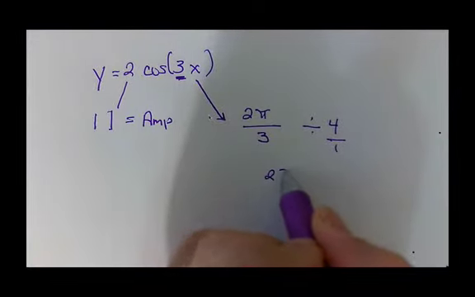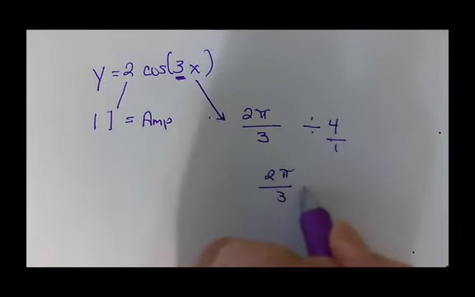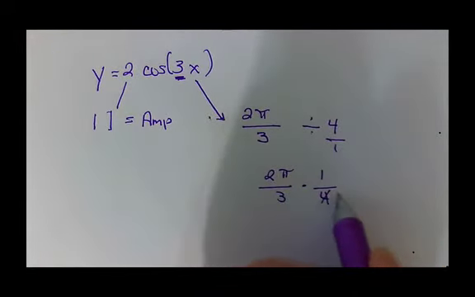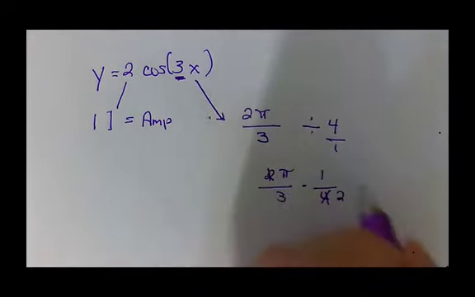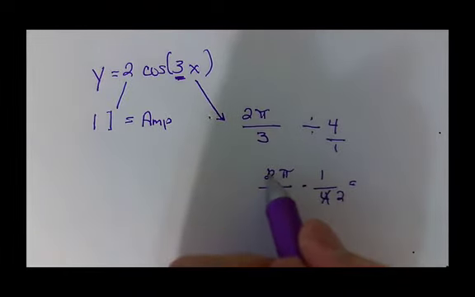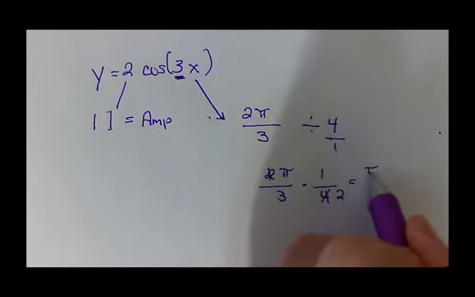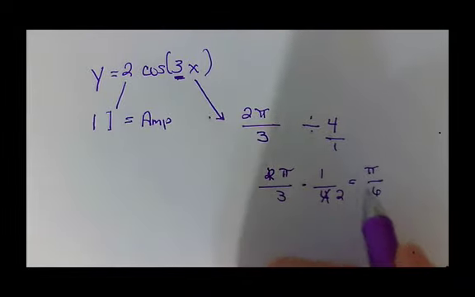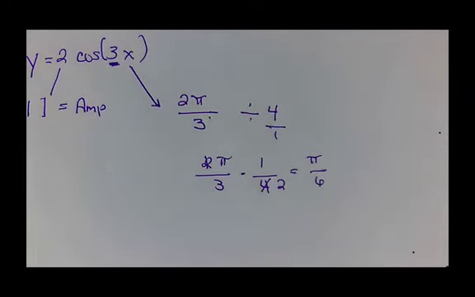So we'd have 2 pi over 3 times 1 over 4. This 2 becomes 1. Therefore, each interval point is pi over 6 from the original origin of 1, 0.